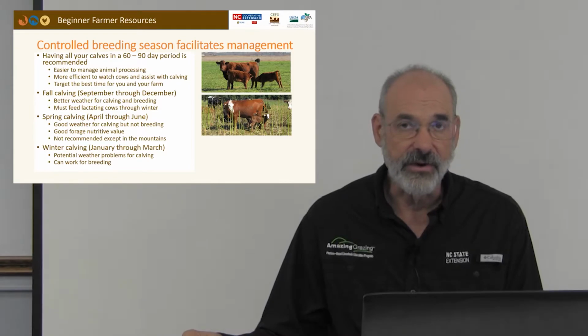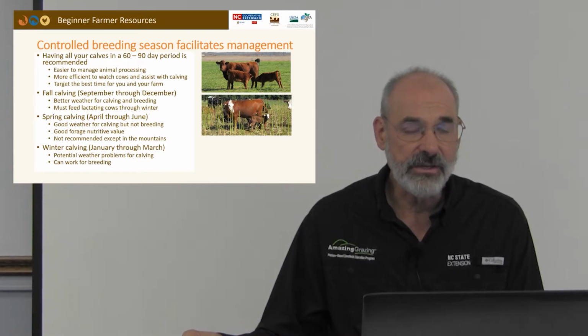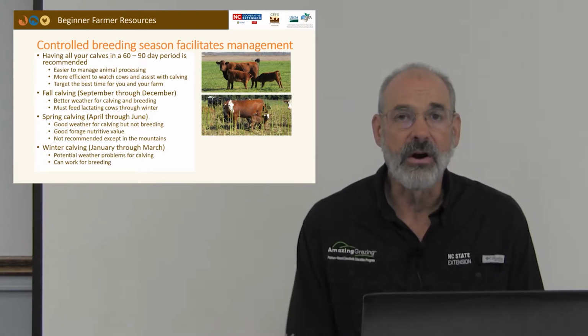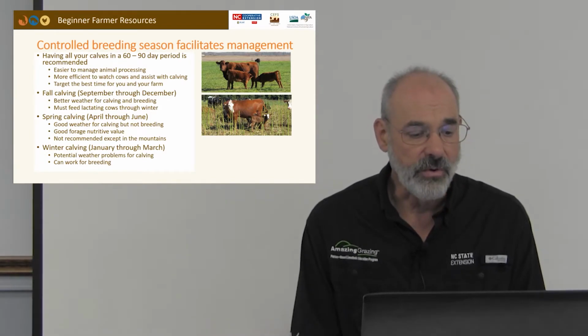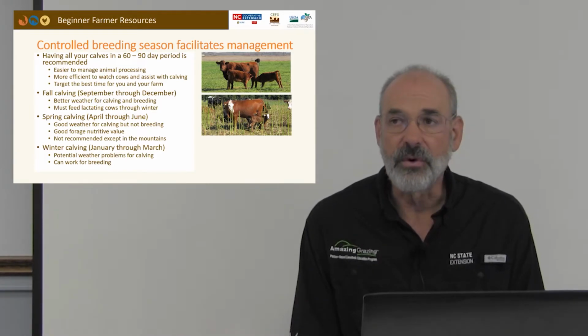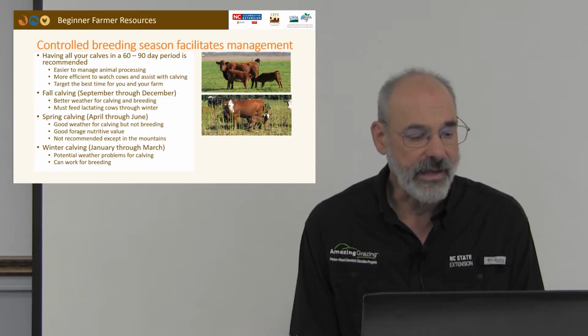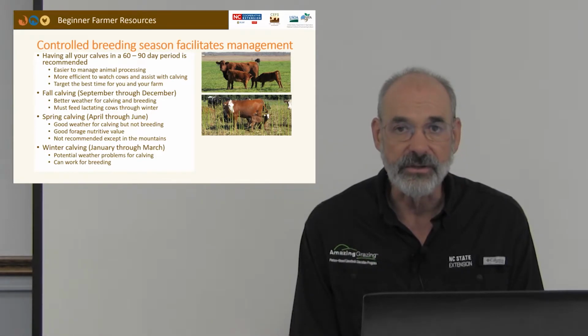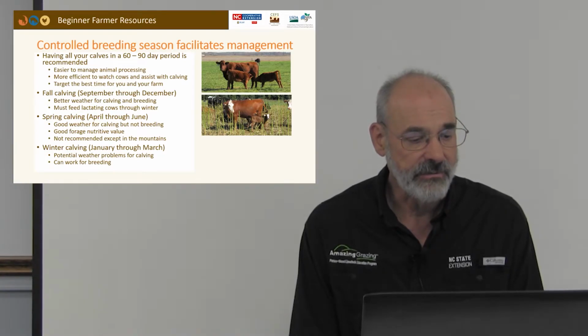Winter calving is very common in our area as well, and this occurs between January and March. And many people will call this spring calving, but of course, those are winter months. Now, the potential for weather problems is there with that type of system, where a large weather event could cause you problems with the survival of those baby calves.